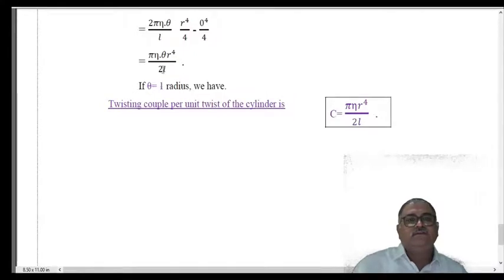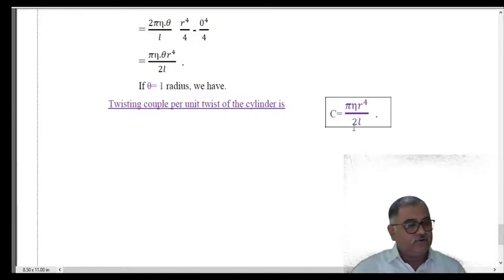And if theta is one radian, then the twisting couple per unit twist of the cylinder is C equal to pi eta r raised to power 4 upon 2L.